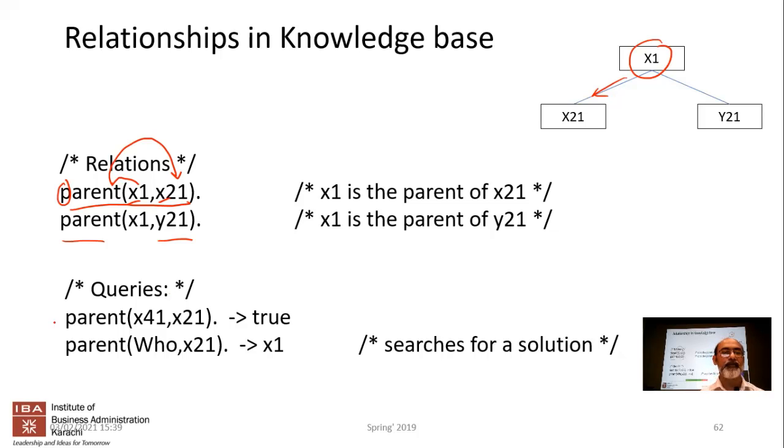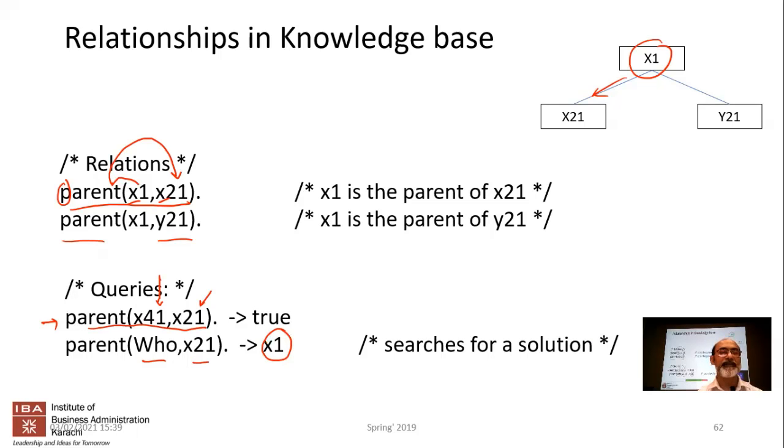Now if you did a query, for example, you said parent x41 x21, then it returns a true. Why is that? Because it will treat these as constants and try to match whether this in fact is one of the facts. But if you said parent WHO x21, it is going to return x1.